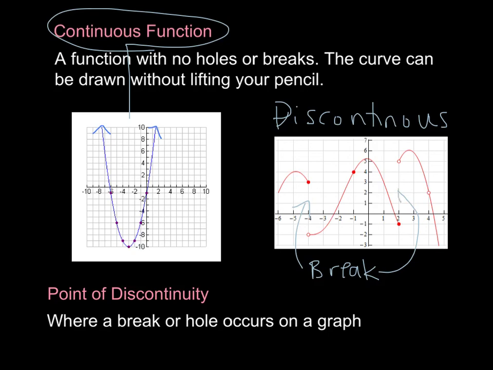This is a break as well. And then you can also see there's an unfilled circle here, which means that this is a hole. There is no value for positive 4 for this function. So this is a discontinuous graph in 3 different parts. At negative 4, positive 2 and positive 4, you have points of discontinuity.